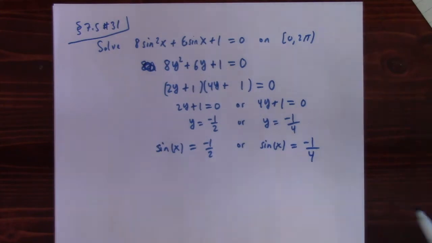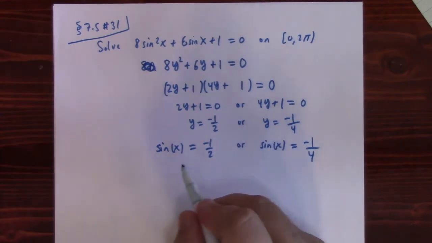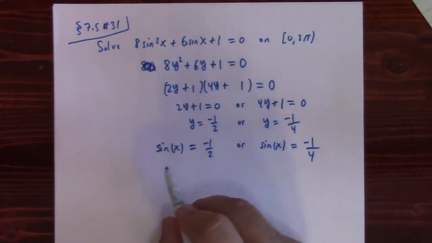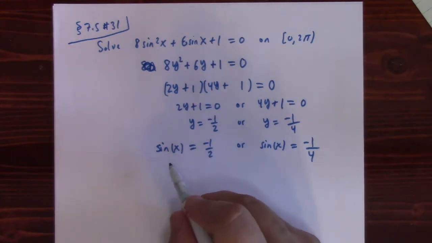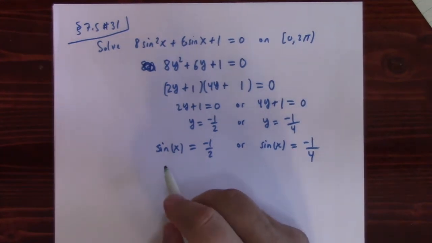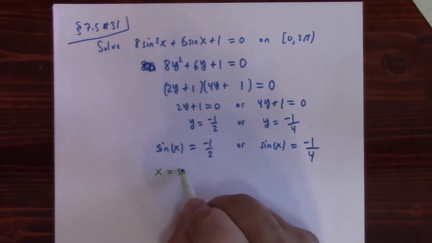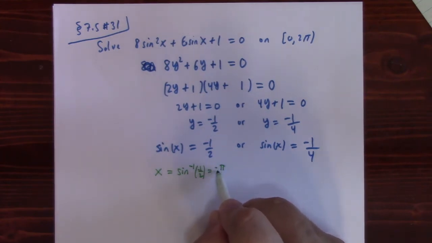Now, we just saw that this has solution minus pi over 6. If you take inverse sine of both sides of this equation, it will give you minus pi over 6. So x equals inverse sine of minus 1/2, which is minus pi over 6. Now that's not the solution we're looking for.